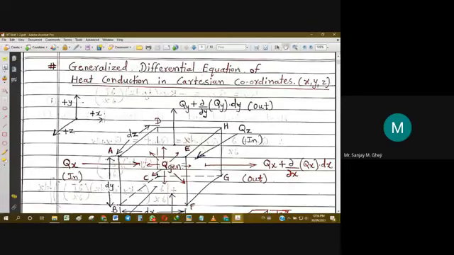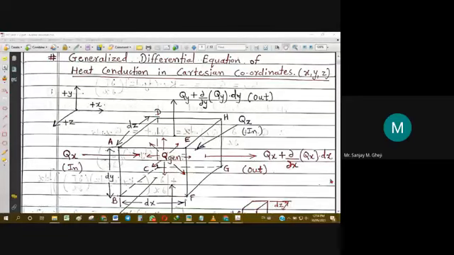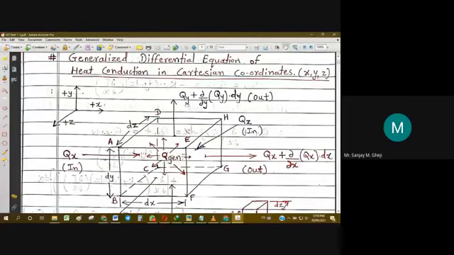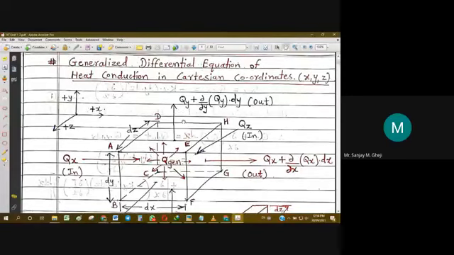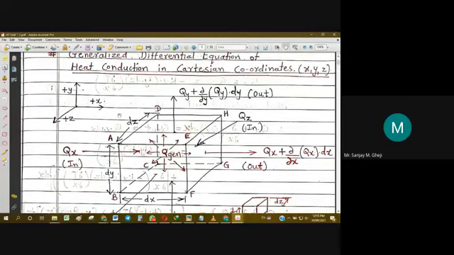So all three possible dimensions x, y, and z in the rectangular or Cartesian coordinate system will be considered here, and also other factors such as the internal heat generation within a material, as well as the change in total energy or enthalpy of the material, will be taken into consideration.